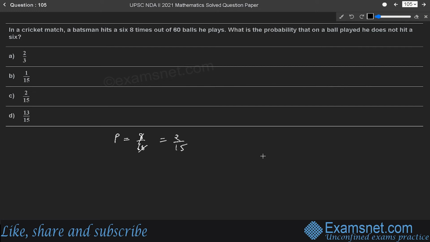Now we have to find the probability that on a ball played he does not hit a 6. Probability that he will hit a 6 is 2 by 15. So probability that he will not hit a 6 is P complement. It is 1 minus 2 by 15, which is 13 by 15. So the correct option is option number D here.